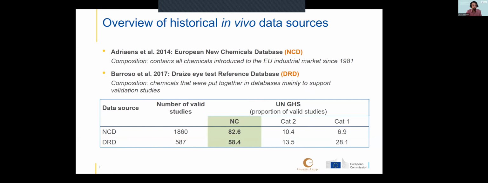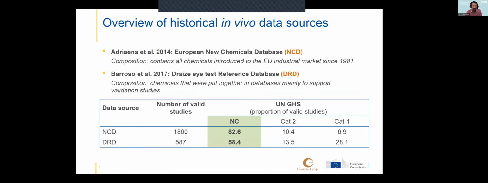Only studies with complete animal data were included in the DRD, since the New Chemicals Database only provided summary data. So the DRD only included studies for which we had full animal data, and we could actually curate completely the database.